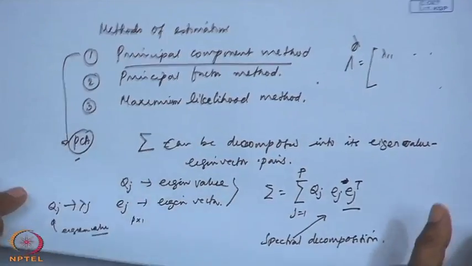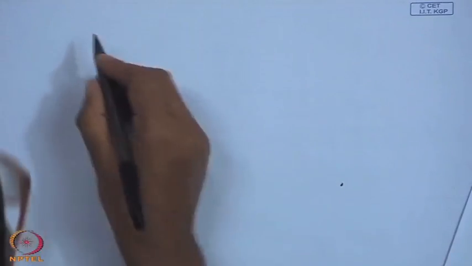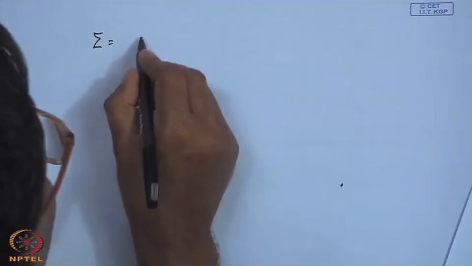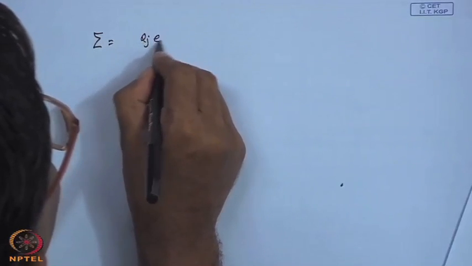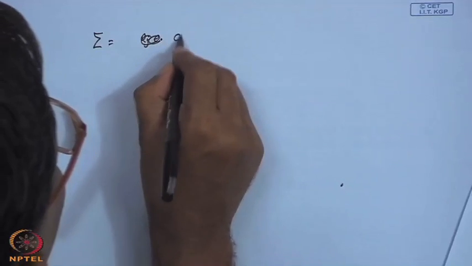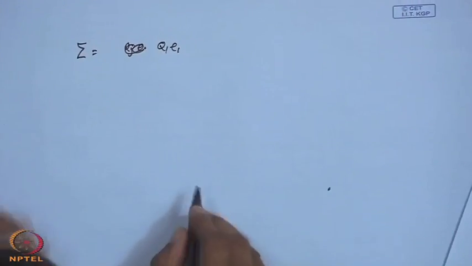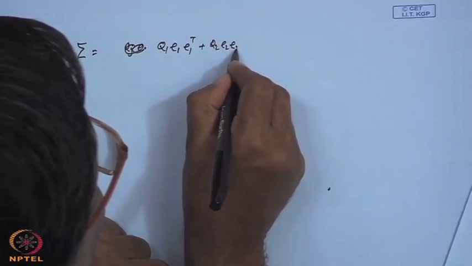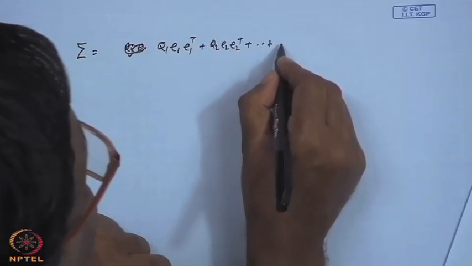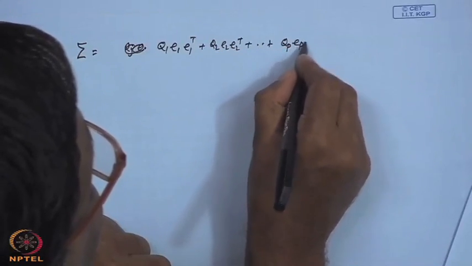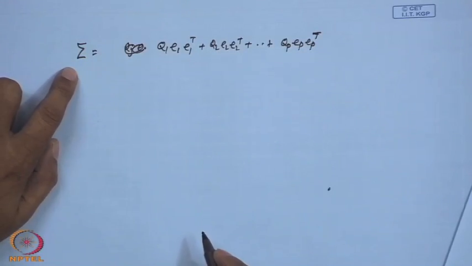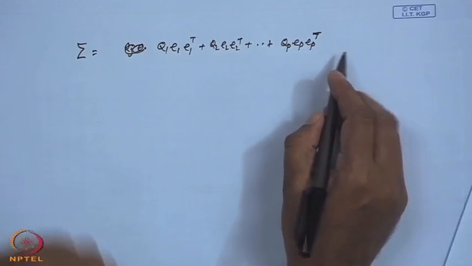If this is the case, then can we not proceed like this, that this is my Qj, Q1 E1, E1 transpose plus Q2 E2, E2 transpose, like this, QP EP, EP transpose. You can write like this one in this manner.